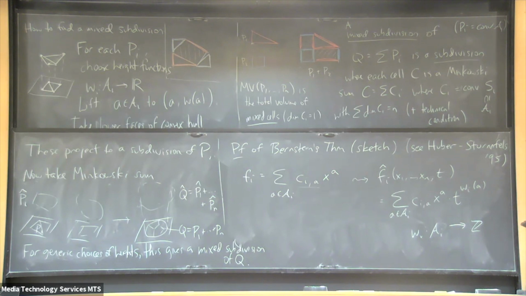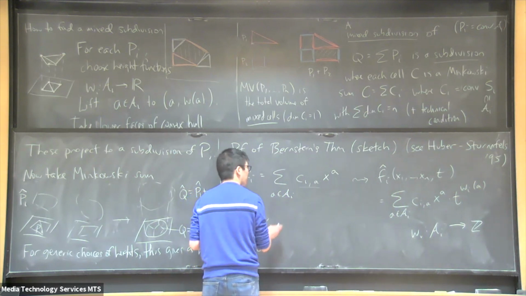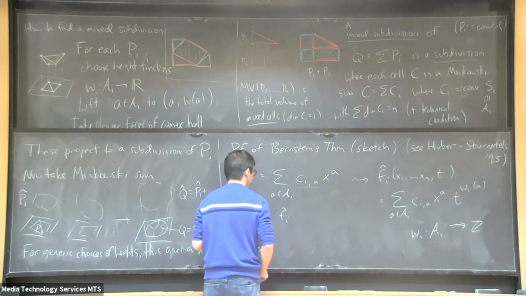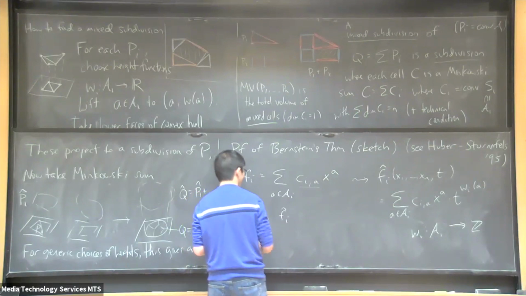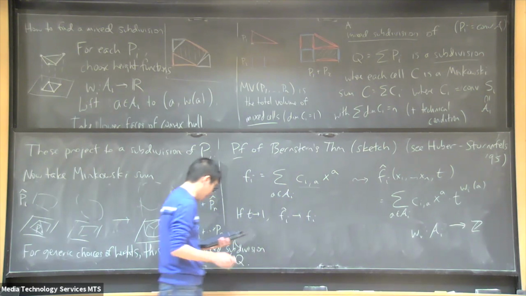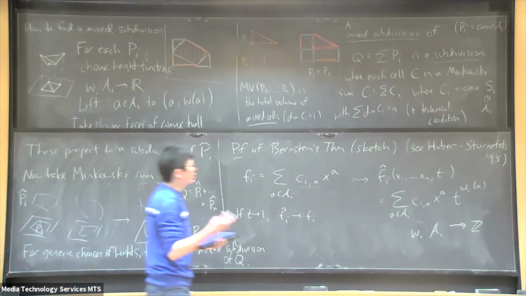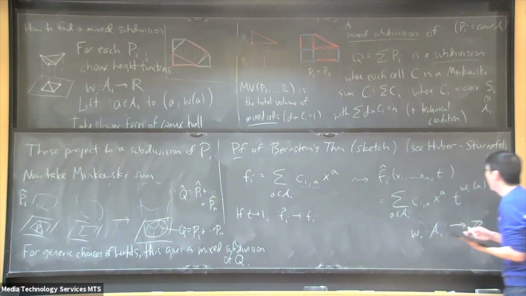Okay, so what's the deal with this new system? The key thing to note is that as t approaches 1, f_i hat just approaches f_i. But if I want to solve this new system, what does it mean to solve it?